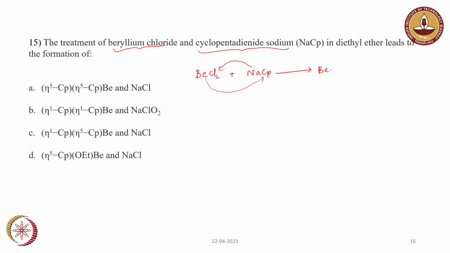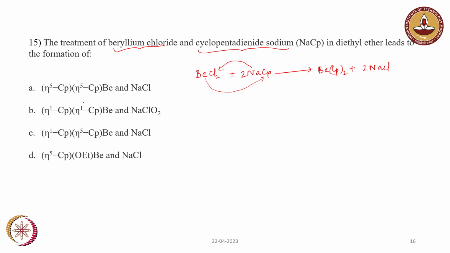So BeCp twice and NaCl. So this is the balanced chemical equation, and we are asked to find the hapticity.